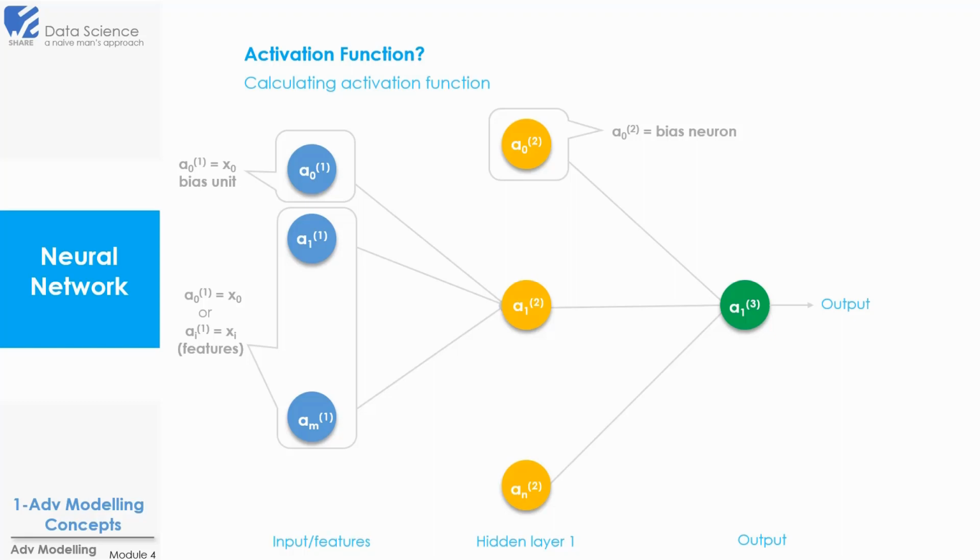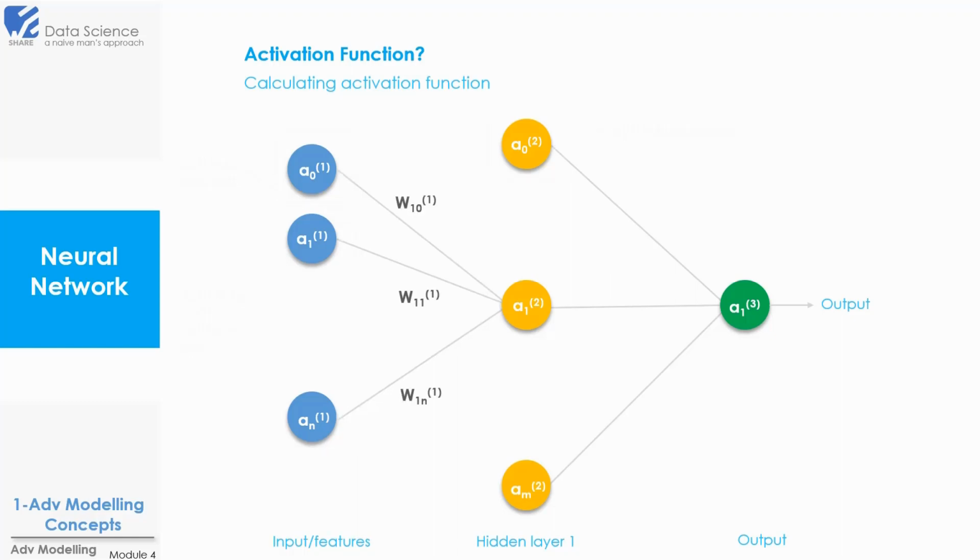And then to calculate the activation function for hidden layer, we will use weights as shown here. Now as you can see, to calculate the first neuron of the hidden layer, we are using all the neurons of our previous layer, which happens to be our input layer. So all neurons of previous layer will be used to calculate all the neurons of the next layer.